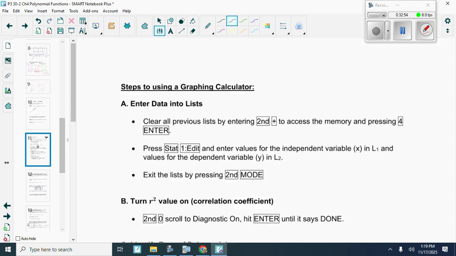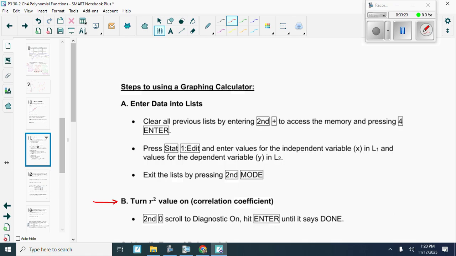Guys, maybe flag this page because we're going to be going back here. These are the instructions on how to enter things into our calculator, how to make lists, and how to turn everything on. The first thing we're going to do, because this is a one-time only thing, is turn on a feature called our R-squared value.